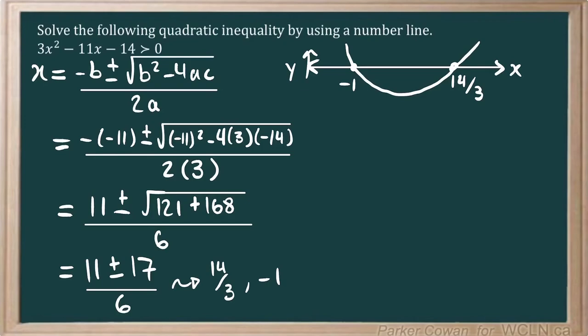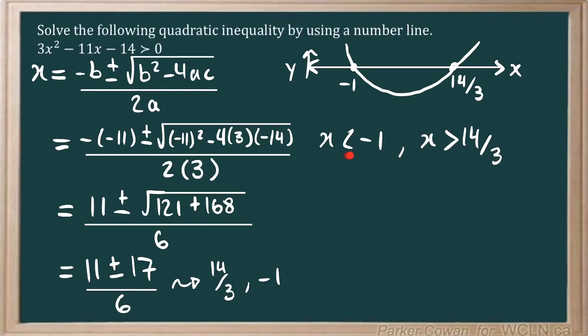So in order to find that, we don't really have to do much more than just take a look at our positions here. Like I say, we want from negative 1 to negative infinity, or in other words, negative 1 greater than x. And then we also want from 14 over 3 to positive infinity, or in other words, x greater than 14 over 3. Okay?